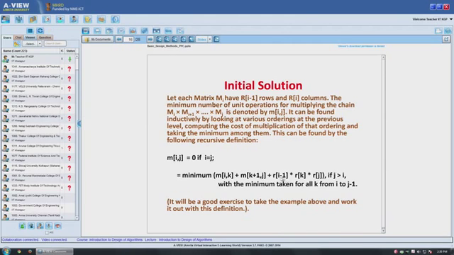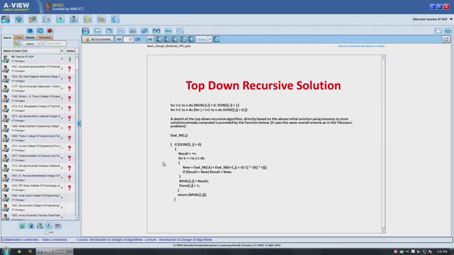So, using the same recurrence equation, you can directly convert it to a top down definition. This is there in the slides which you have, and again you will maintain an array done[i][j]. If it is done, it is non-zero, and if it is not done, it is 0. So, if done[i][j] is 0, then you run the evaluation, otherwise you just pick up the value from the array, and the whole evaluation works on the recursive definition.